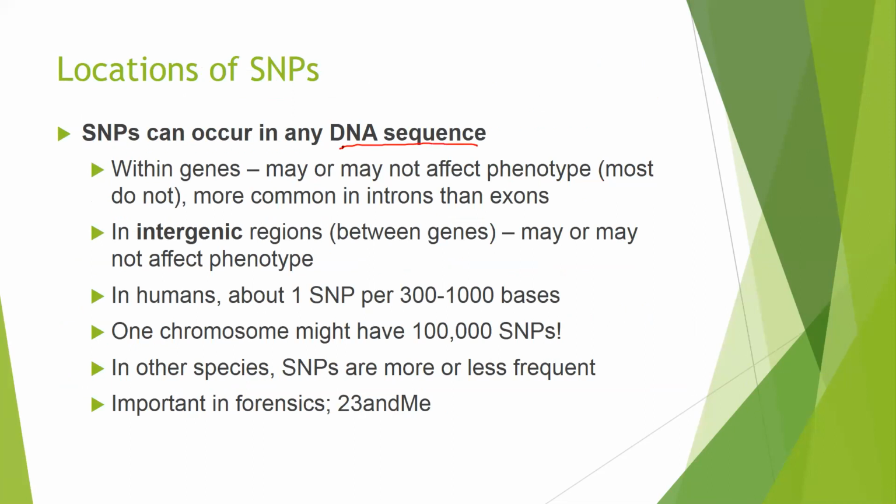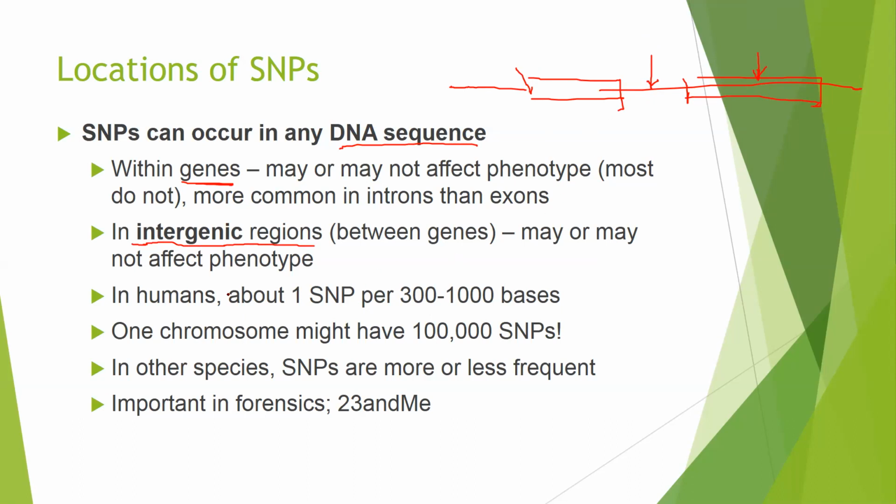For example, a SNP can occur within a gene. Let's say this is the sequence of a gene, and the SNP could be within the gene, or within this other gene. The SNP can also be located in the intergenic region. For example, the SNP can be situated here, in between genes, right?